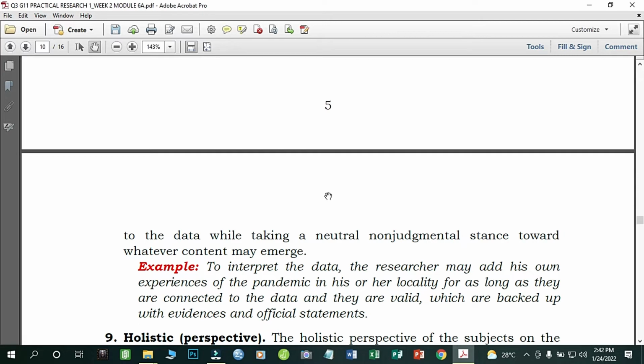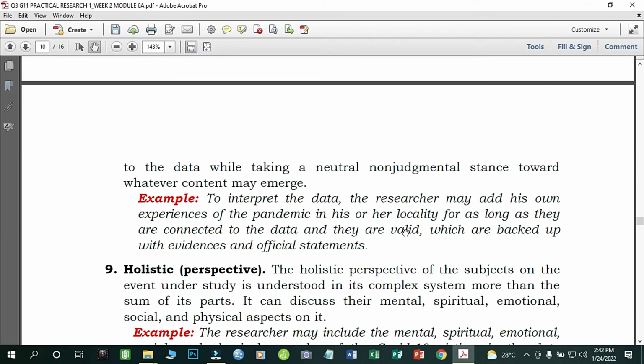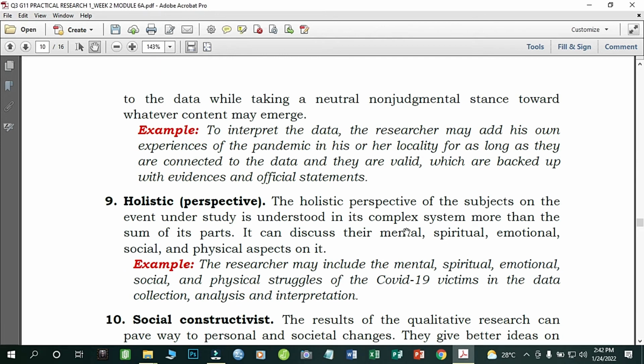Example, to interpret the data, the researcher may add his own experiences of the pandemic in his or her locality, as long as they are connected to the data and they are valid, which are backed up with evidence and official statements.